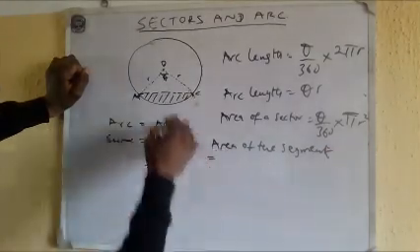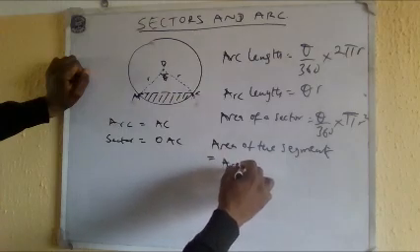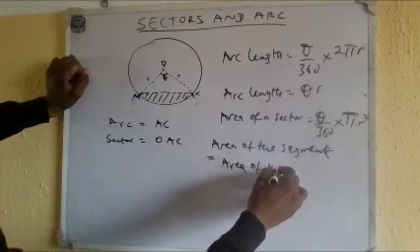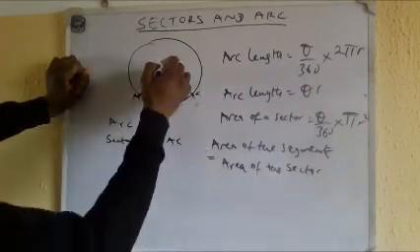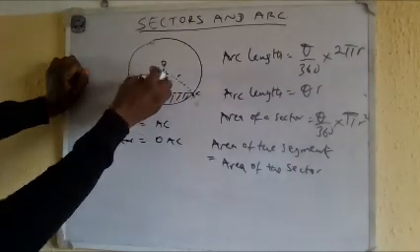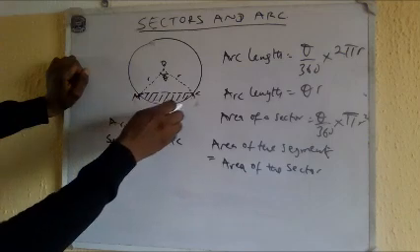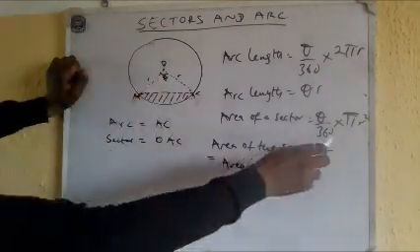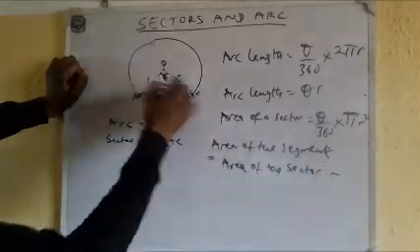the area of the segment is equal to the area of the sector, which is the sector. Just watch where my hand is going. From here, this arc, and here. That is this one we have, minus the area of the triangle.